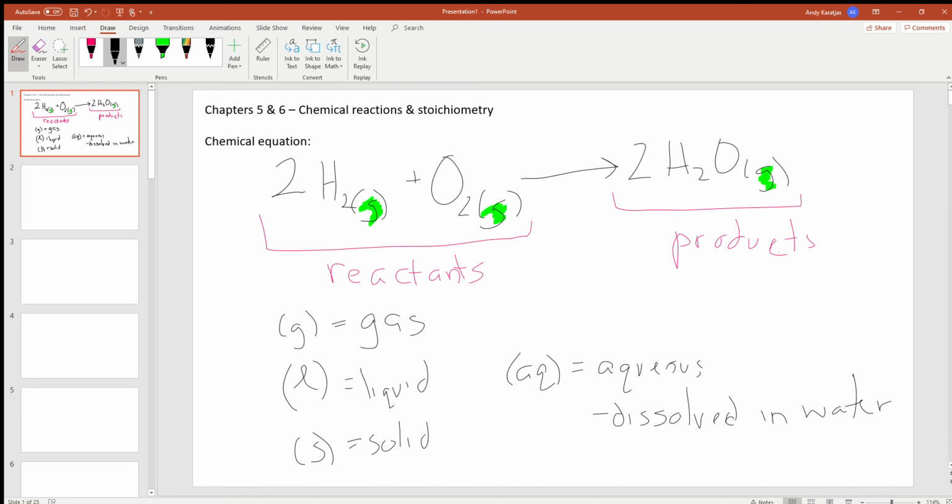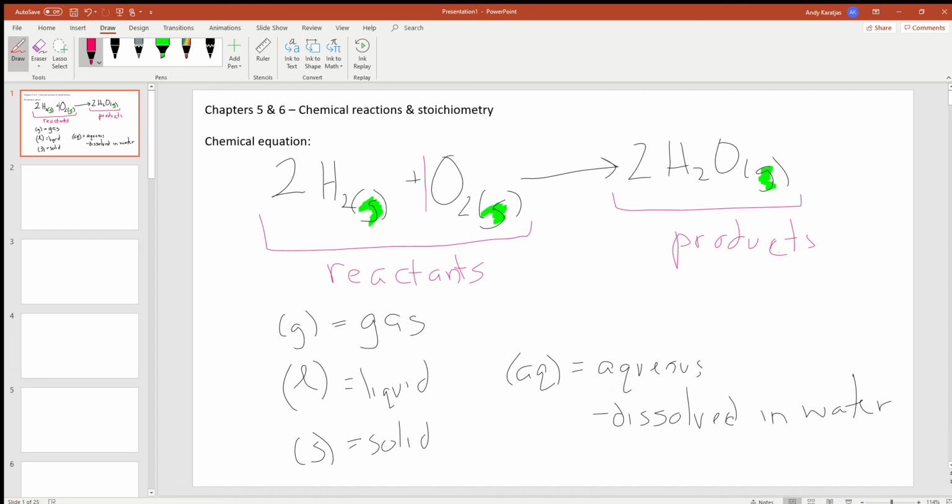we also often find that we have numbers before our reagents. In this case, we have a 2 in front of the hydrogen, but there's no number in front of the oxygen here. There's also a 2 in front of the water. Now, if there's no number in front of a compound, then we assume that it would be 1.